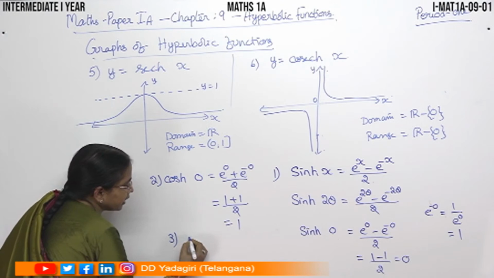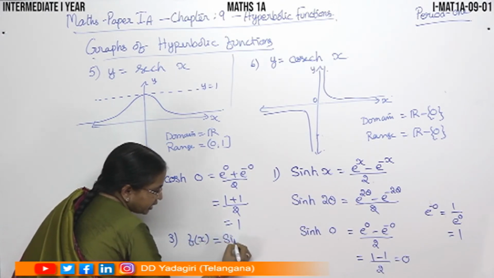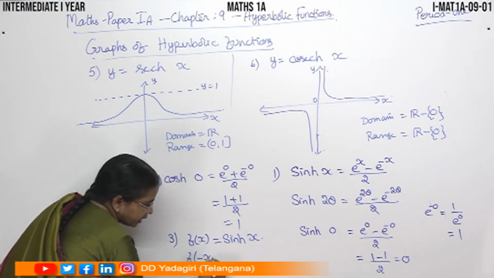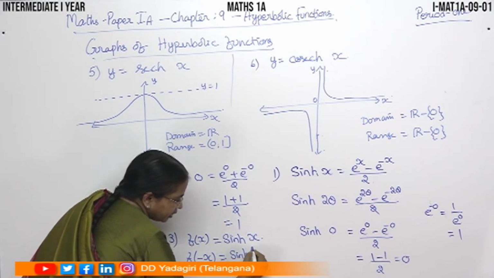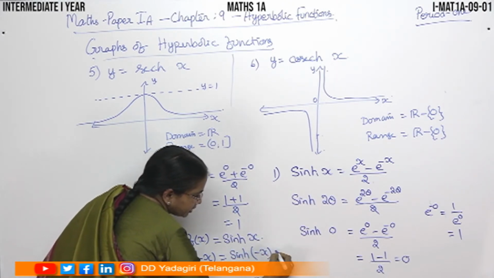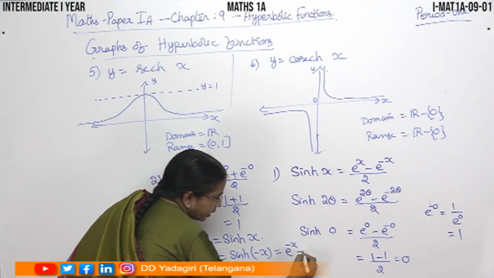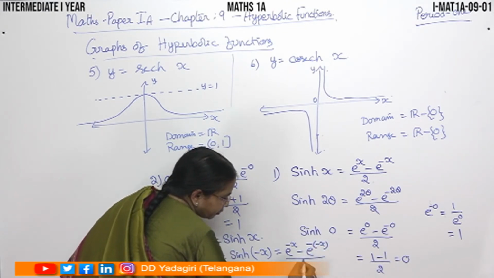Next, suppose f of x is sinh x. Then what is f of minus x? It is sinh of minus x. What is sinh of minus x? It is (e to the power minus x minus e to the power minus of minus x) by 2.